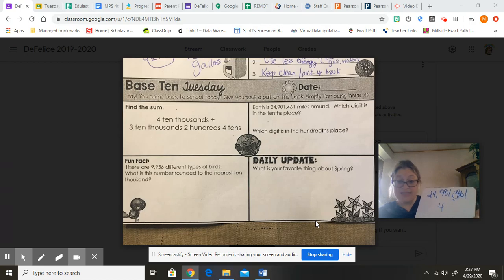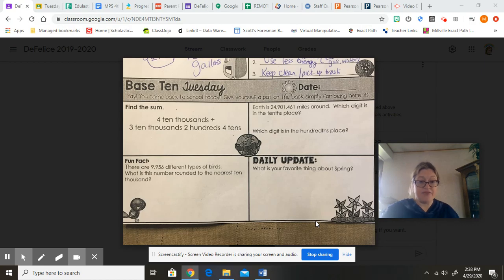You have 4 tenths, which if we wrote it out into a fraction would look like that. Which digit is in the hundredths place? The hundredths place is right next door to it. So 6 is in the hundredths place. And that would look like that as a fraction. So 4 tenths, 6 hundredths.